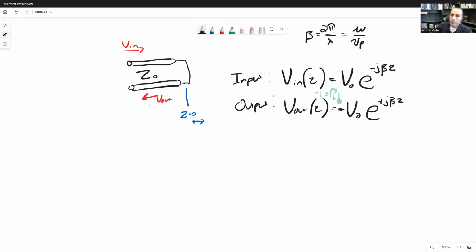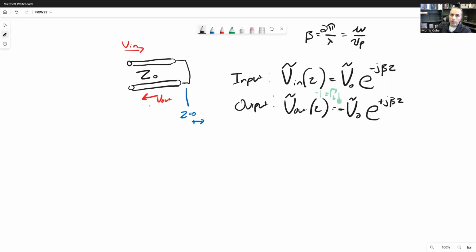I'm just going to remind you that these are actually phasors, so I'm going to put a little phasor squiggly line over the V in, over the V out, and even over the V0 positive and negative. All right, so now we've got our input and output waves before and after reflection.